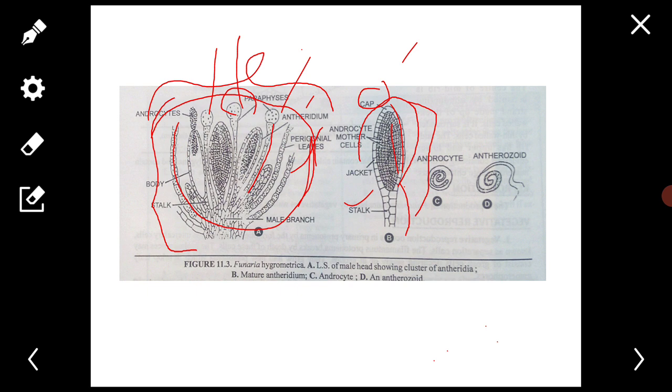Each androcyte differentiates into a biflagellate anthrozoid. Next, that is the dehiscence of antheridium. The dehiscence of antheridium occurs in the presence of water.